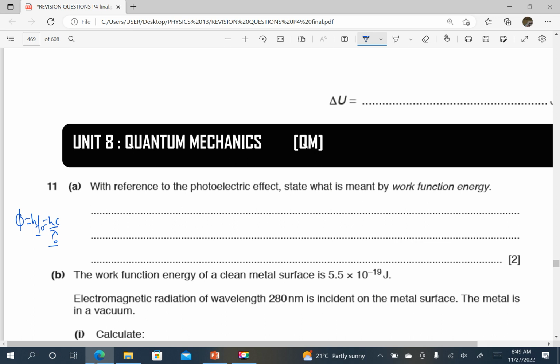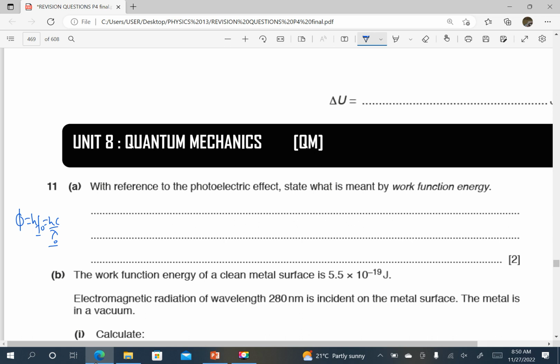If the energy of the photon or energy of electromagnetic radiation is below the work function, then no electron can be emitted. The energy should be equal to the work function or above the work function for an electron to be released from a metal surface.